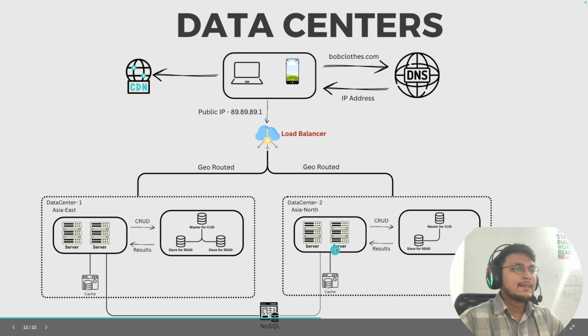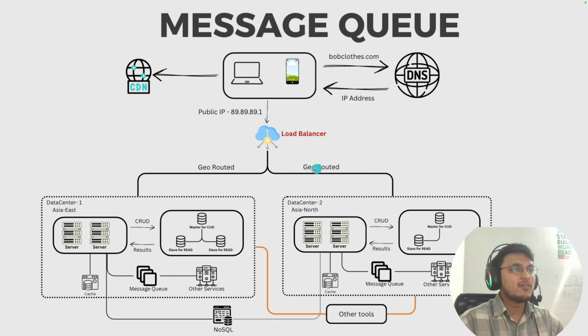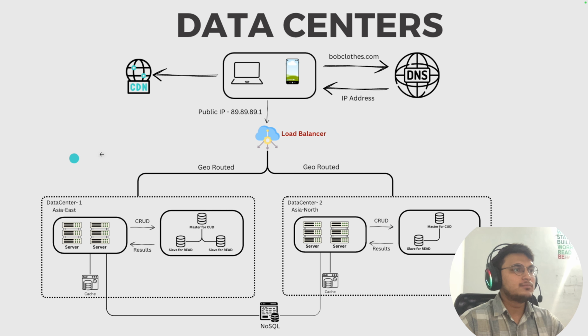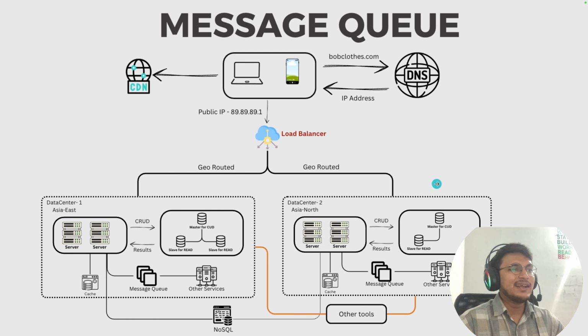Okay, so now our application looks perfect. We have data centers, load balancers, and many more. Now there is also a concept called message queue. Imagine your clothing website allows customers to upload custom designs on t-shirts, or request gift wrapping when ordering. These are time-consuming tasks that you don't want to block the user checkout experience.